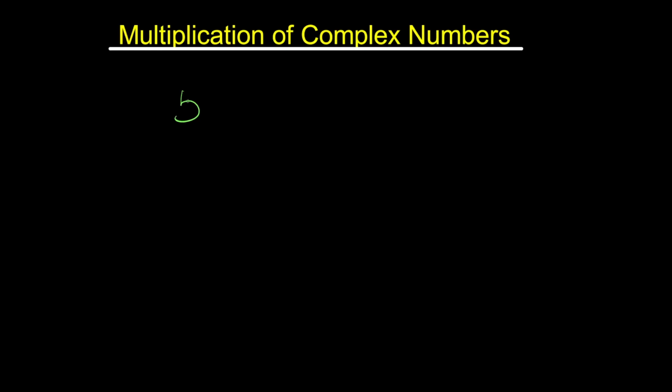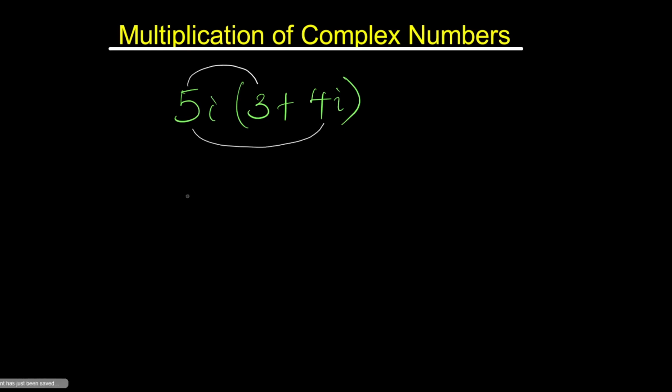What about 5i times 3 plus 4i? How do we evaluate this? We are going to multiply 5i with 3 and 5i with 4i. Applying this step, we are going to have 5i times 3, which is 15i, plus 5i times 4i, which is 20i squared.